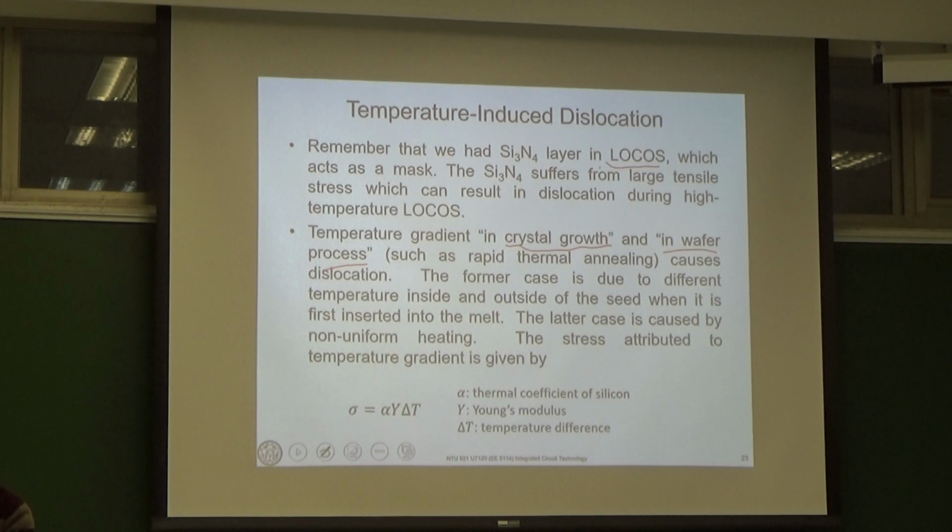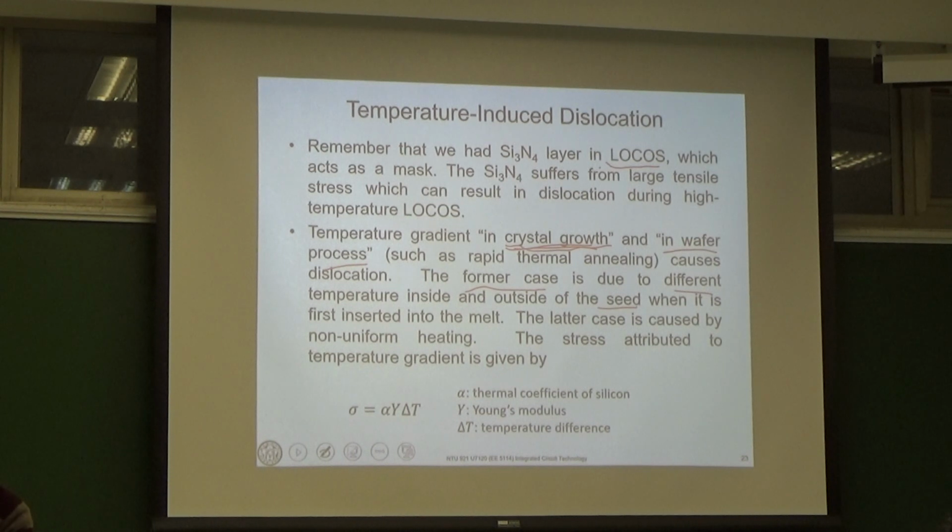For example, in the former case, the crystal growth case, there's a different temperature inside and outside the seed. Remember that we put a seed in the melting silicon, and we pull it out and it solidifies, changing from liquid to solid.